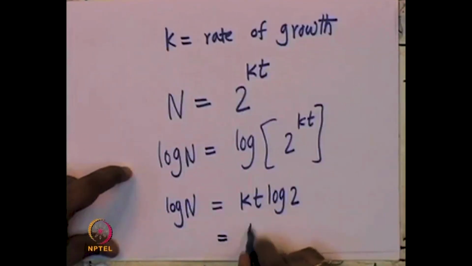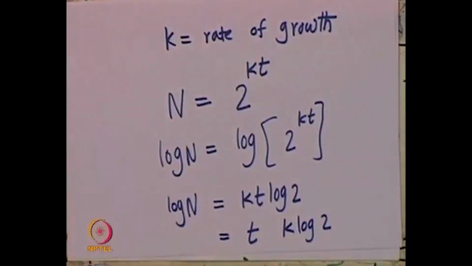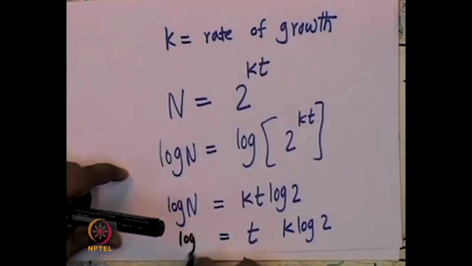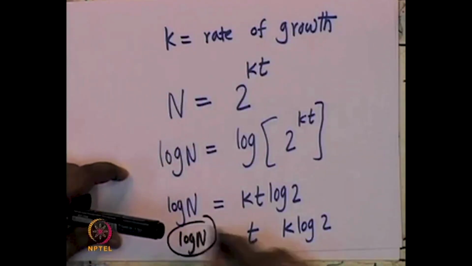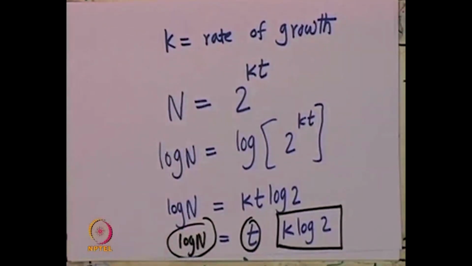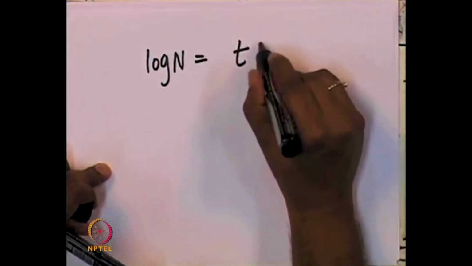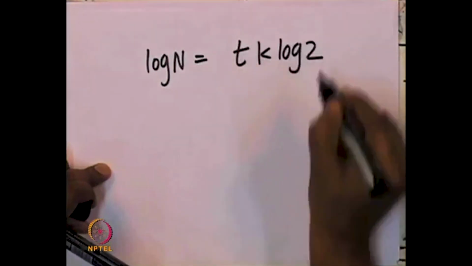In other words, t times k log 2. So, if you plot log n in the y axis and t in the x axis, the slope you will get is k log 2. So, let us consider this equation: log n is equal to t times k log 2.